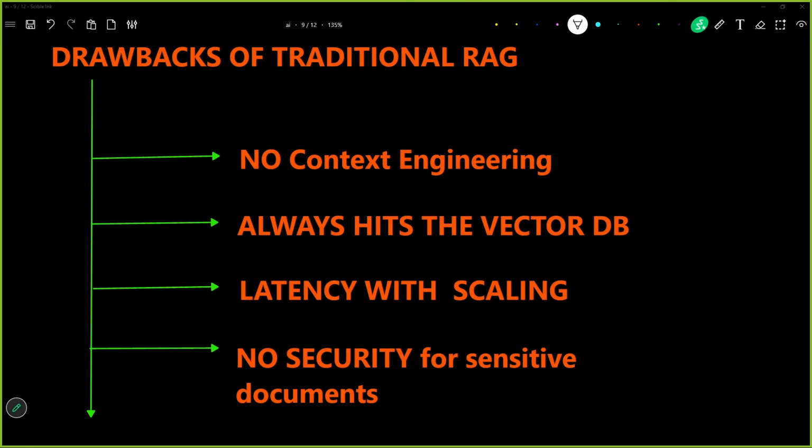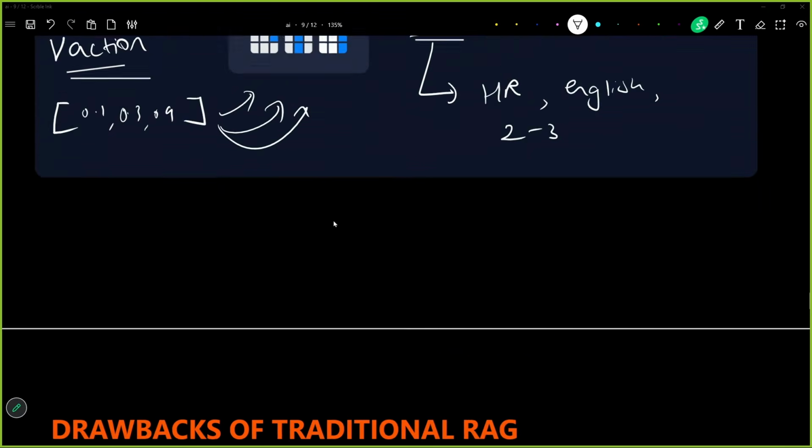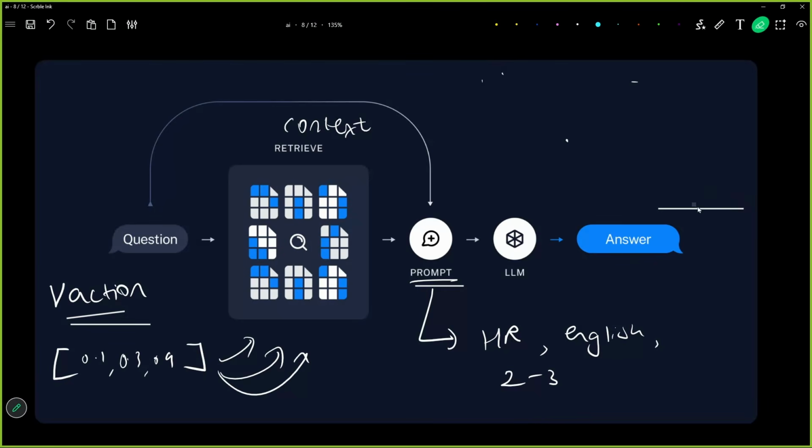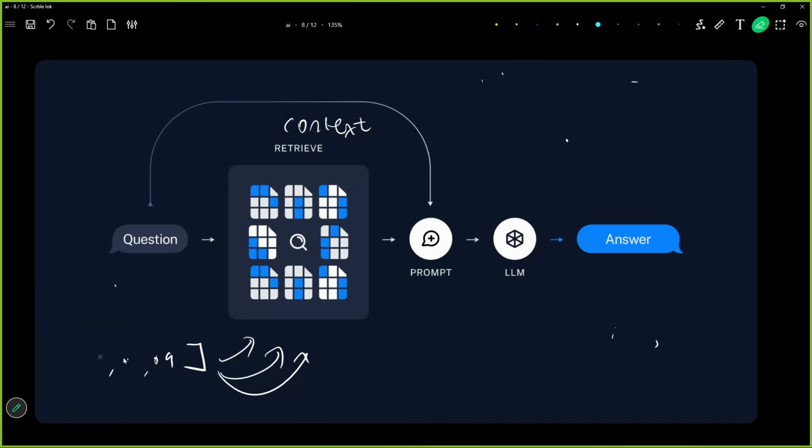Now we are talking about the drawbacks of RAG. Everything which we were studying till now was called a traditional RAG. What makes it traditional is that it is not dynamic in nature. What we can see over here is a chain of process. Do we agree? Yes, we see a chain of process.